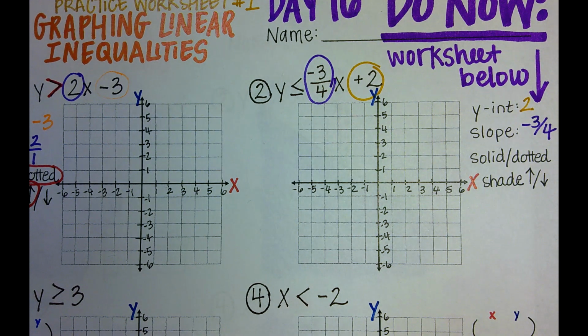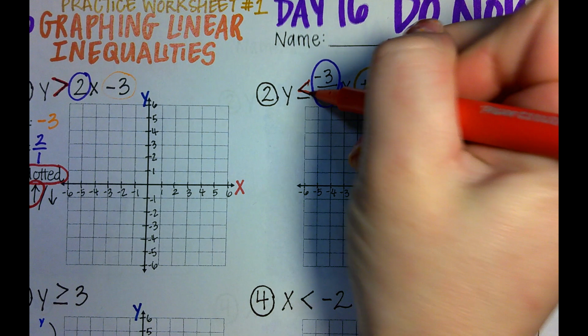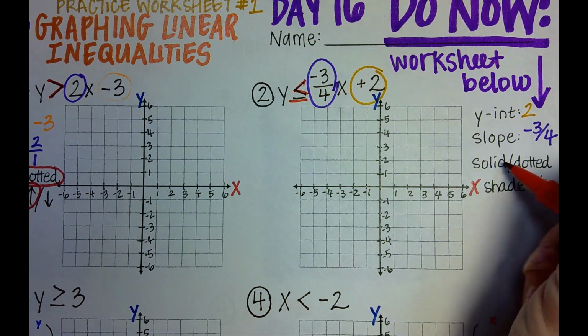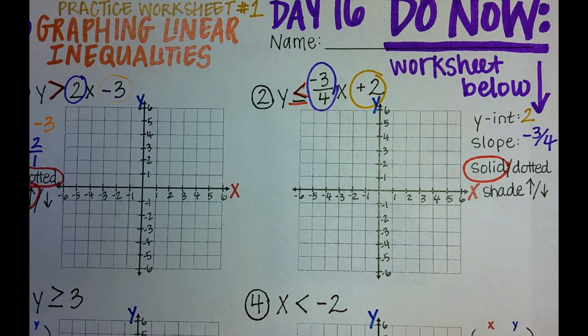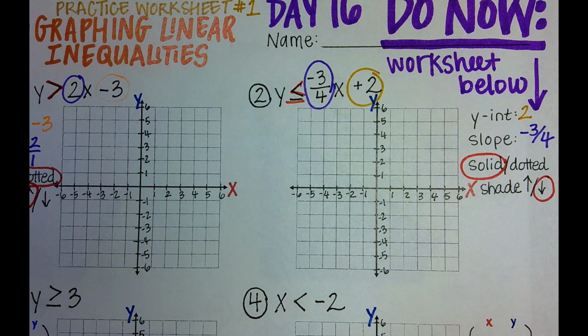And are we solid line or dotted line? Solid. We've got less than or equal to, so it is solid. And then are we shading up or down? Down. Good. Perfect.